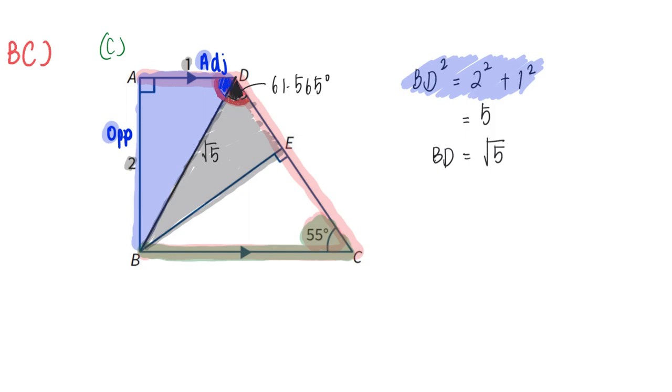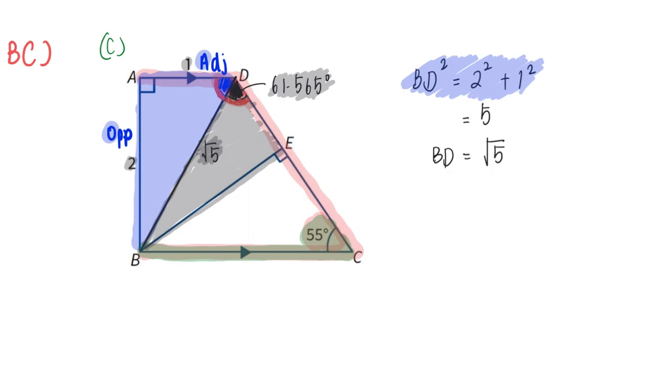From here, I can find my BE because I have my angle BDE, 61.565 degrees, and my length BD.